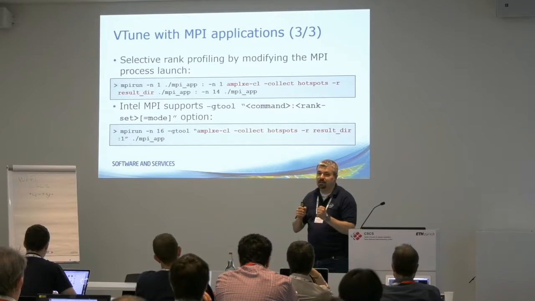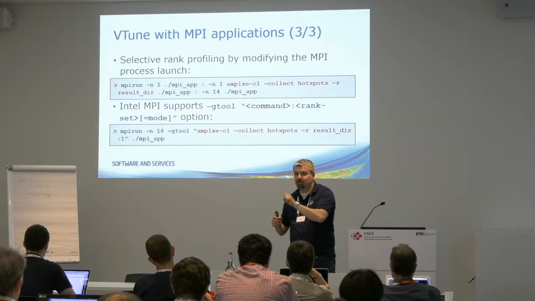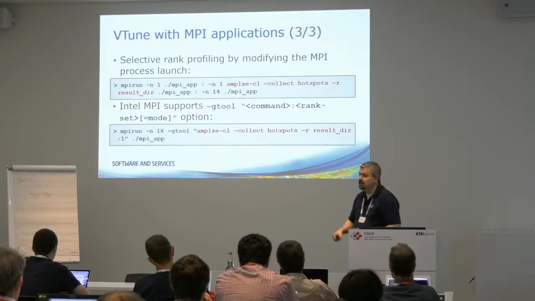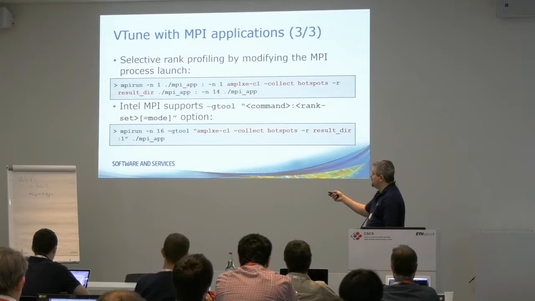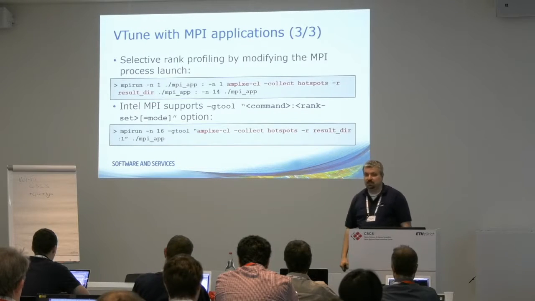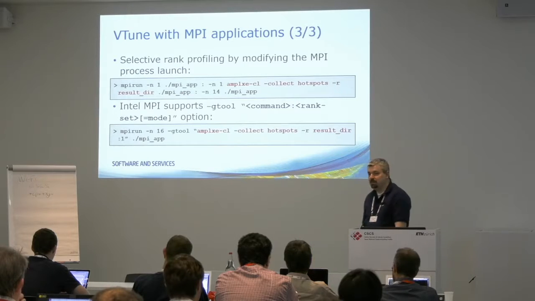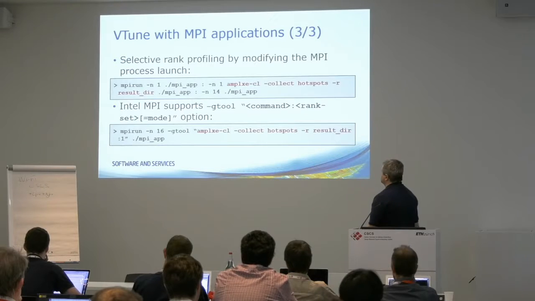So you can use something like 1,5-7,16,42-58, whatever you're interested in. And then the tool will only be attached to those MPI ranks that correspond to this specification. Okay? Does that sound complicated? No, not at all. But it is complicated. To make this right, you need to know what you're doing.